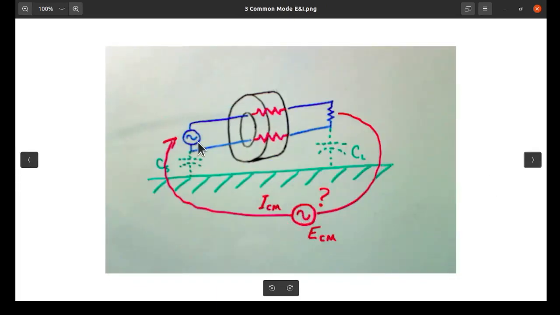And this generator represents our transmitter trying to impart all of its power to this resistive load out here, the dipole antenna or monopole as the case may be. And the induced current into this transmission line trying to go back, complete the circuit this way, sees these resistive elements.